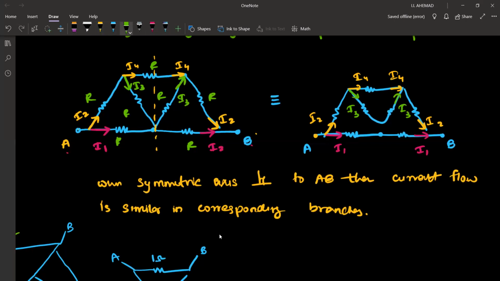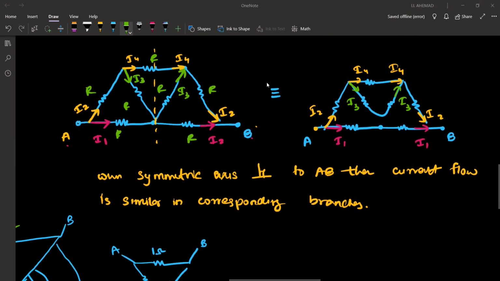Look, because you have removed this connection, did it make any change to the circuit? Or it is still identical? It's still identical, right? Now can you solve this?